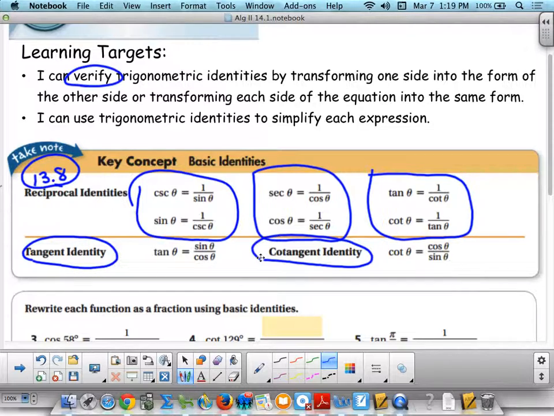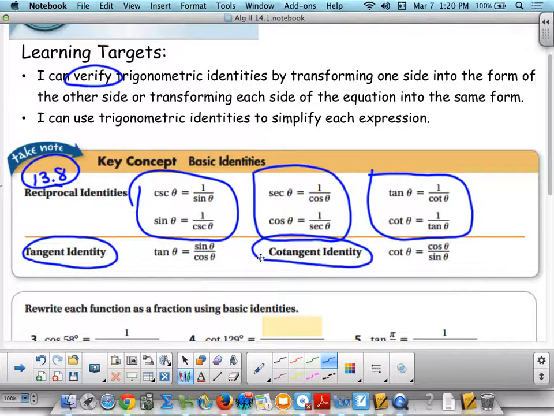Let's do it again, except your radius, your r value, is now 1. What if it's 1? What's sine of theta now? Y over 1. But what's y over 1? Y. What's cosine?